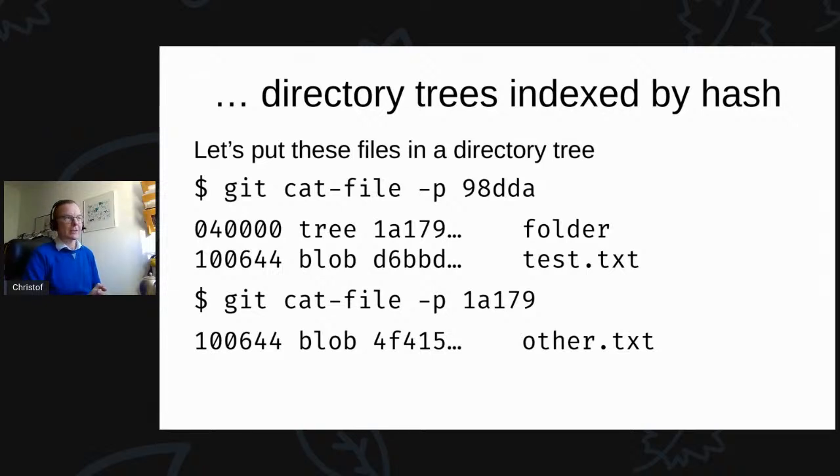So I just took a look into the repository which I created, and there are actually two tree objects in there. One is the topmost, this is 98, and one is the folder. And as you can see, this 1a, if I just use that as a reference to get the contents of that directory, it will just contain this other txt.